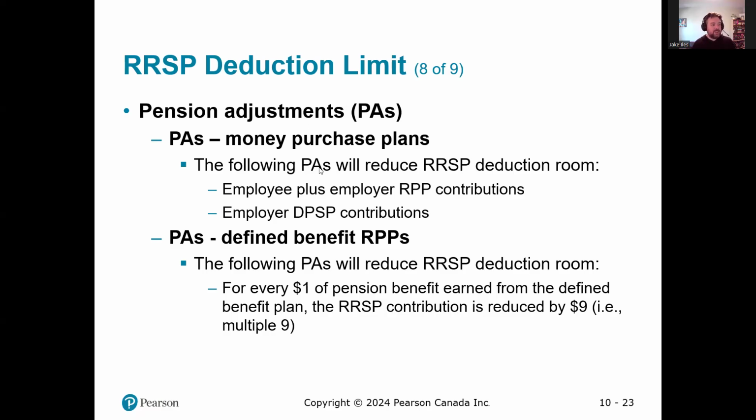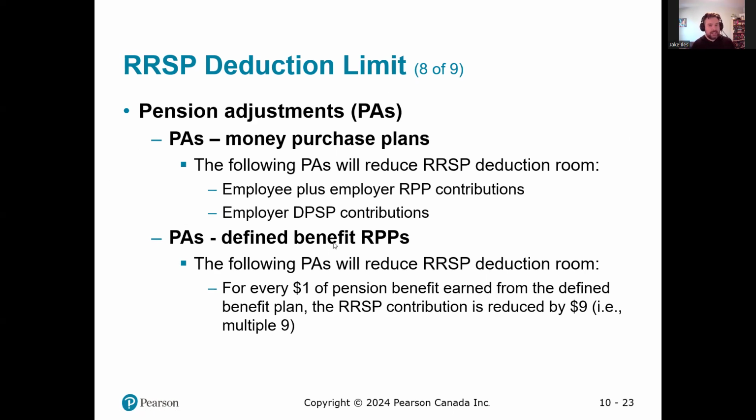So the pension adjustment for money purchases just applies against the contribution. If they contributed $2,000, they used $2,000 of space. That's just a deposit you didn't have to make. So money purchase or defined contributions are very straightforward. For every dollar they put in, we subtract $1 from your contribution room.